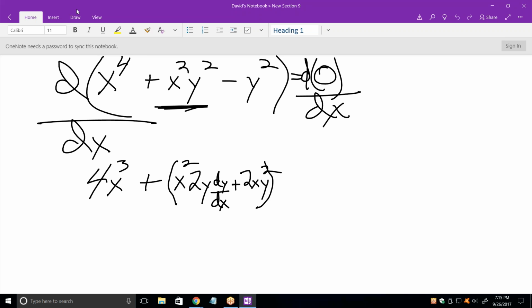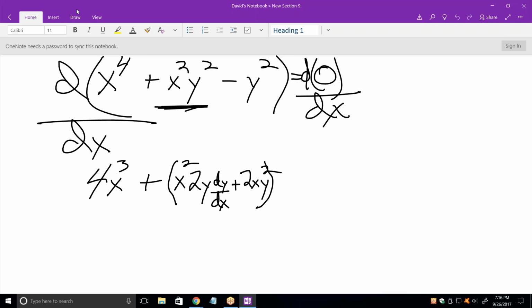We took the derivative of the x squared times y squared. So we don't have to follow that with a dy dx. We only have to follow that with a dy dx if we're differentiating the y term. And the second half of this, we weren't. The first half we did.